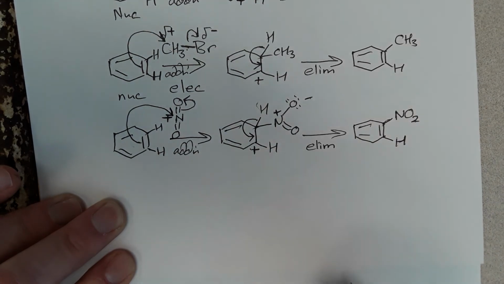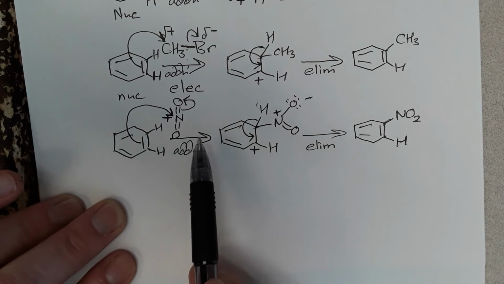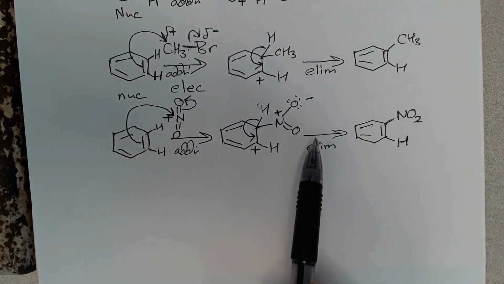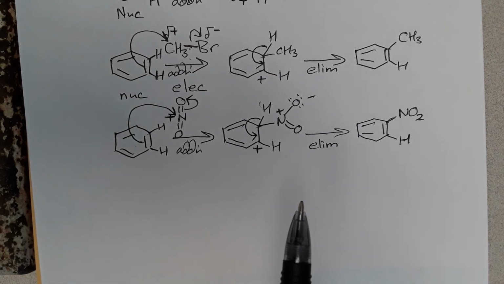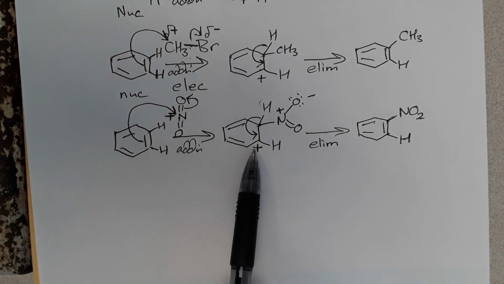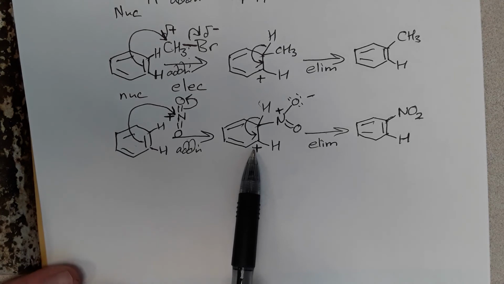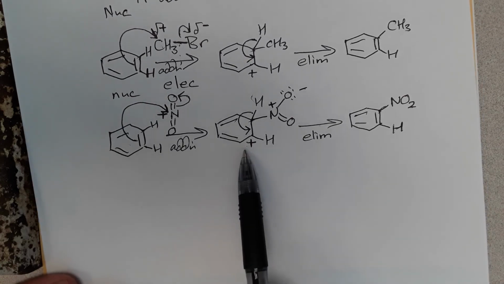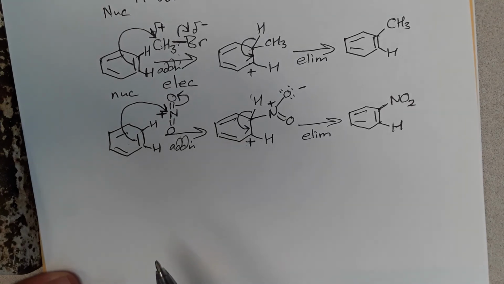You can just write it like that. So again, addition followed by elimination. So this is the mechanism over and over again, and there are resonance structures of the intermediate, which is also important, and we'll come back to that and draw resonance structures and think about how that affects the charges on the ring and where the second electrophile will add.